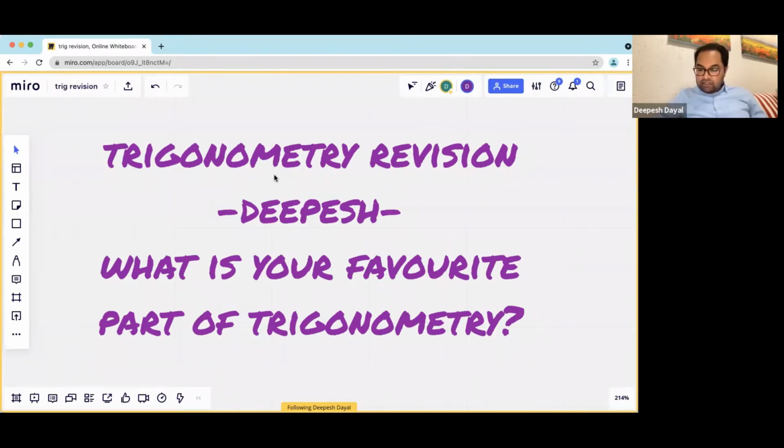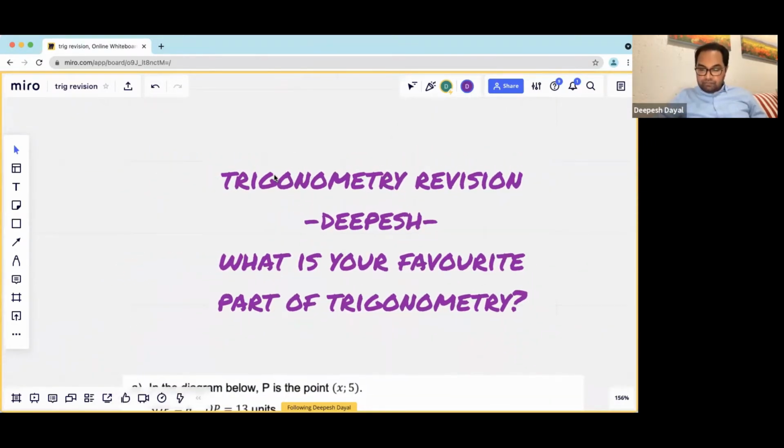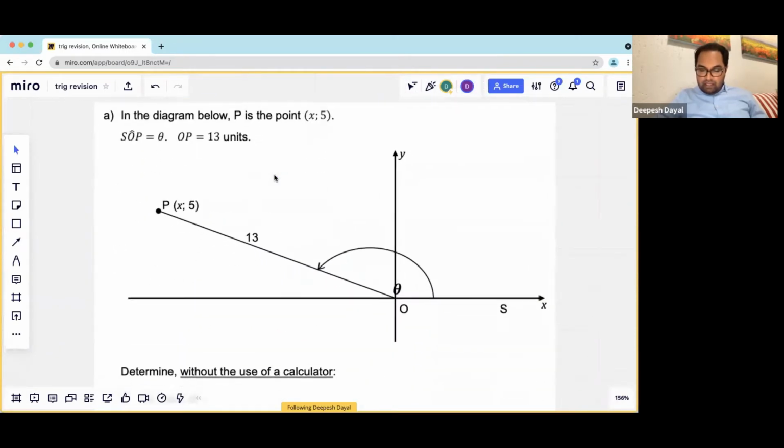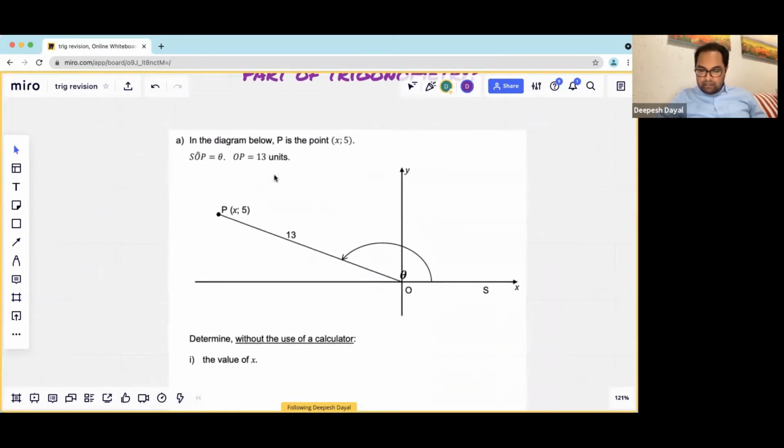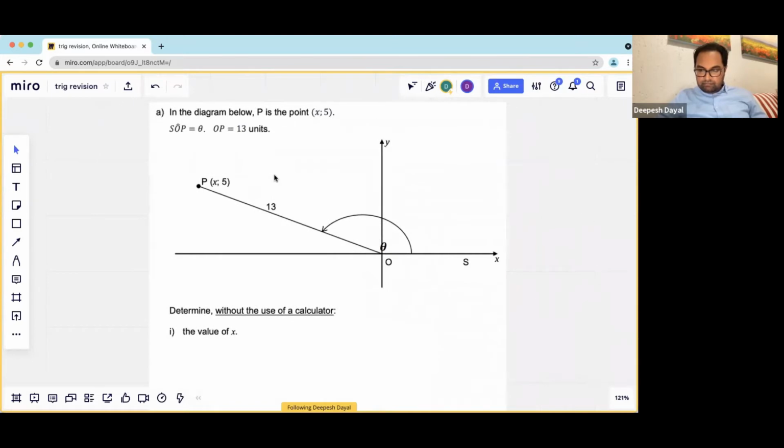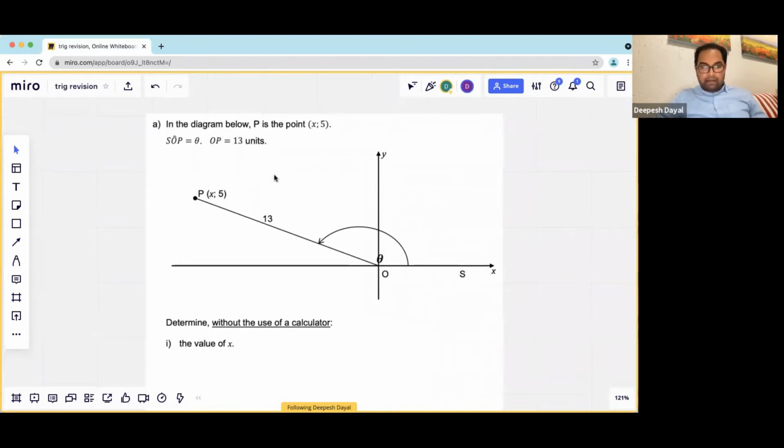So I'm going to head into the first question. Thank you for sharing. We've got this one here, which is a past paper from a school. If you can just read that question, and then I'll go through it with you.